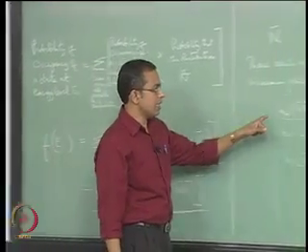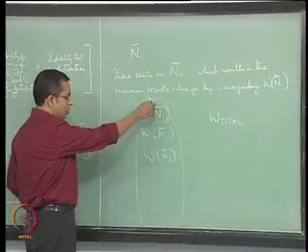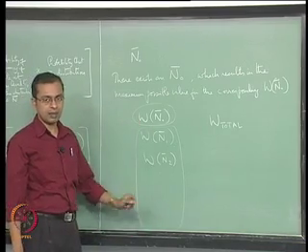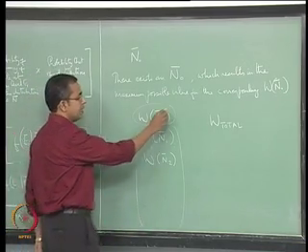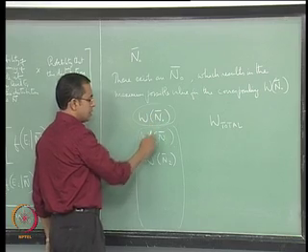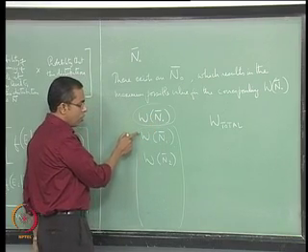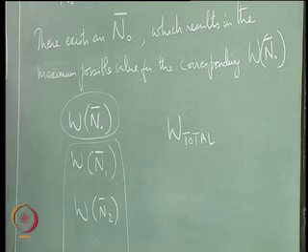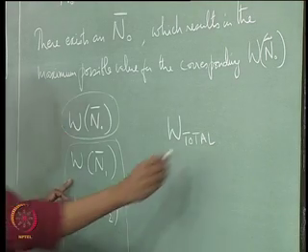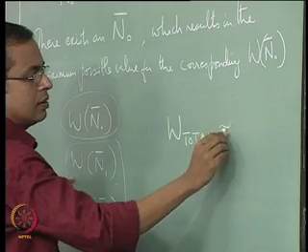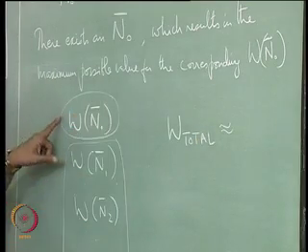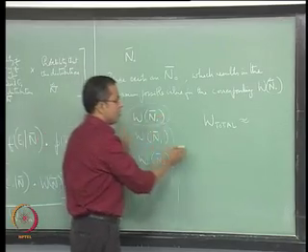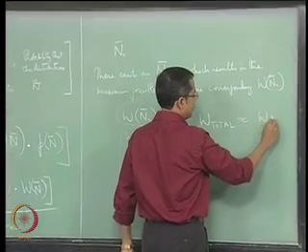But we are recognizing that among all those distributions and the number of ways in which each can be calculated, W n bar 0 is significantly larger than all the other terms, and significantly larger than the sum of all the other terms. Therefore, since W total is all of these terms together and all of the others are smaller than this, it is in fact almost equal to W n bar 0.